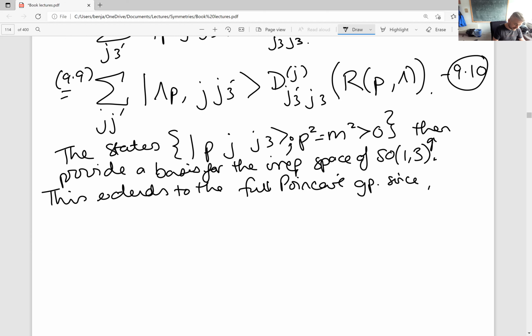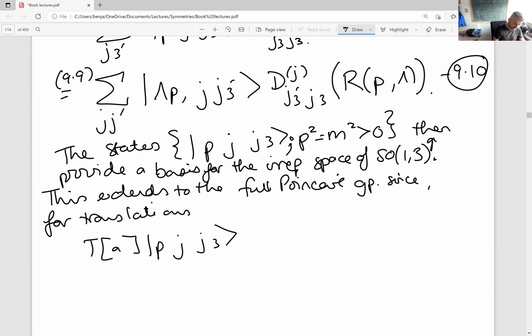Since for translations, we have our translation operator, which is a function of a, acting on p J J3. This is just e to the i p·a, times the state p J J3.